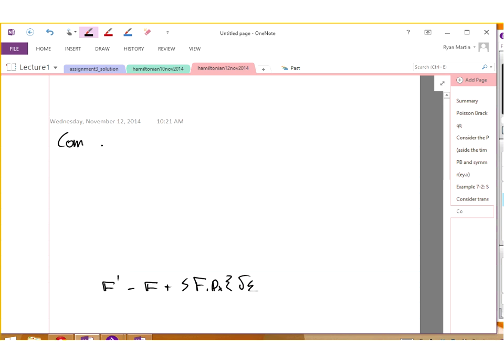So the Poisson bracket with px tells us how all functions transform under translations in x.